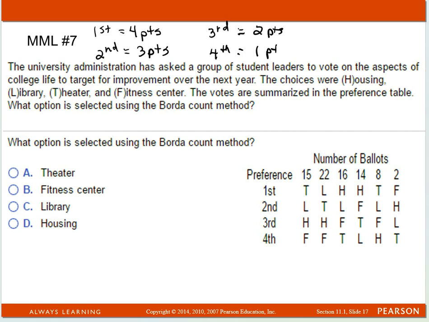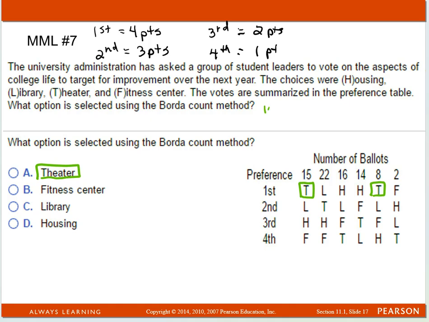All right, so let's start with the theater. Here's theater. I'm going to do it in green. I'm going to start in the first row, and I'm looking for T's. There's a T here and a T there. The first T has 15 votes. The second T has 8.